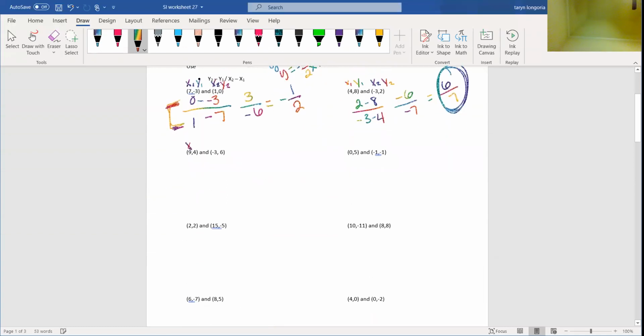Okay, so we have x1, y1, x2, y2. So we get 6 minus, so that's -12 and 2. Then you always want to simplify your answer, like how I did with this one up here.